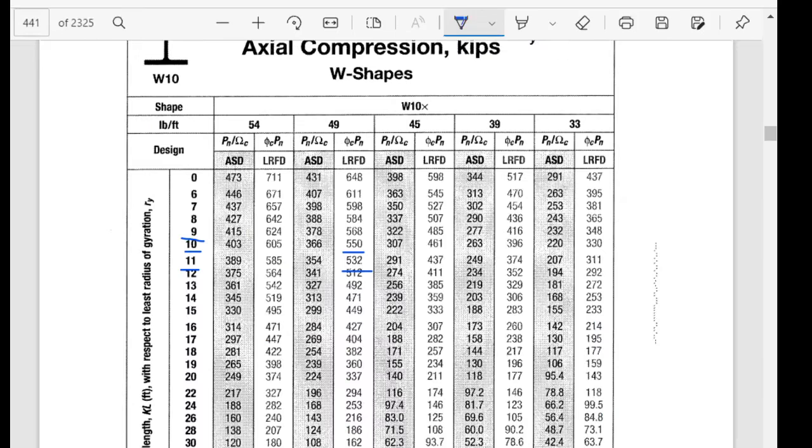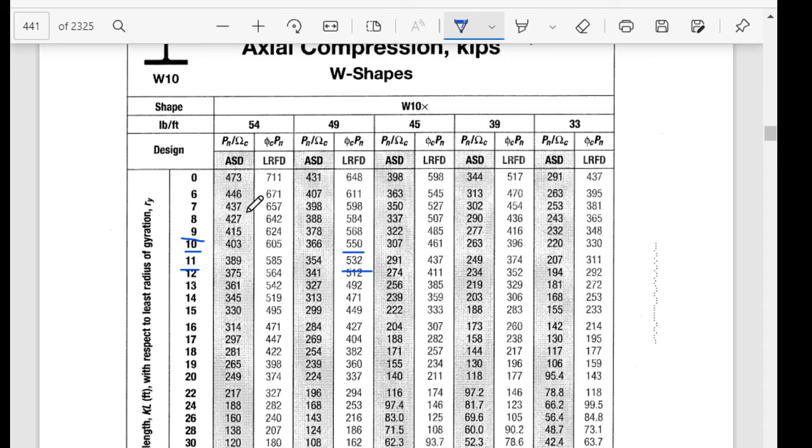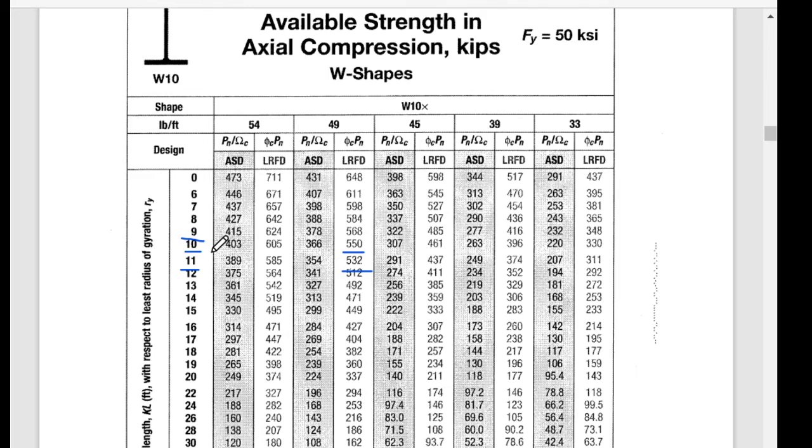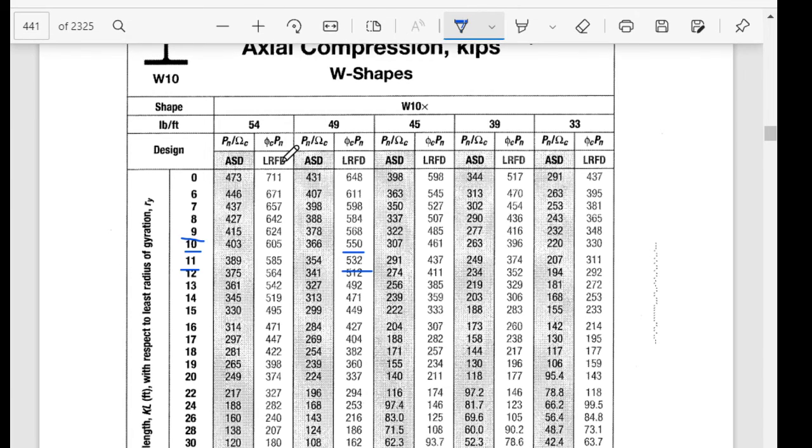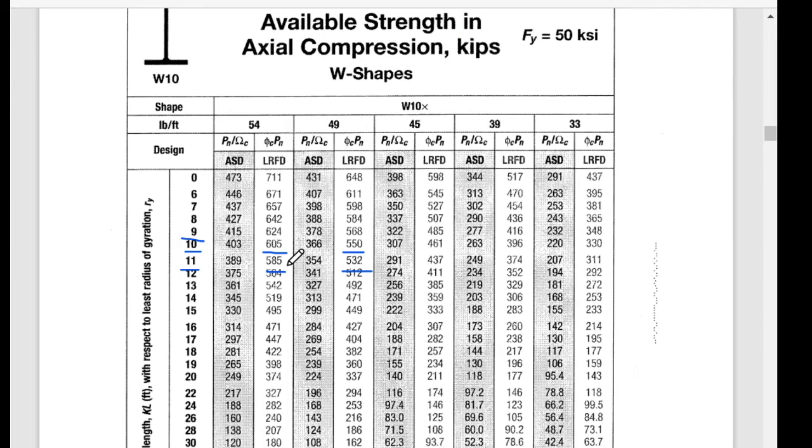Then, using Table 4-1, we again try to interpolate. We have 10, 10.53, 11, for W10 by 54, LRFD, between 605 and 585.